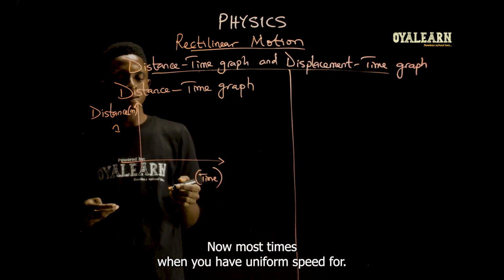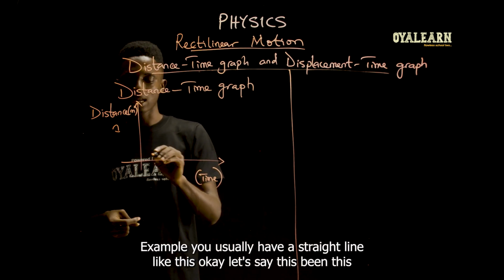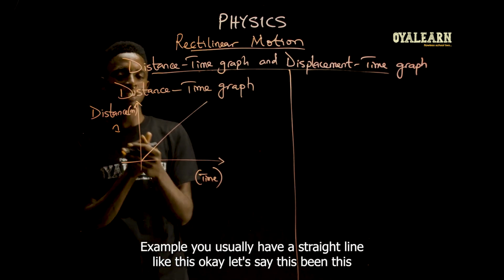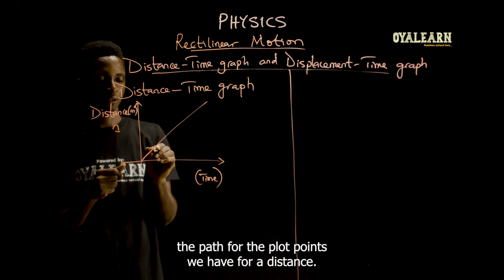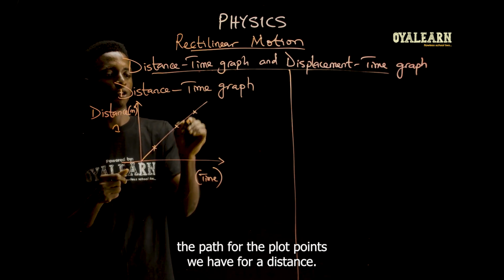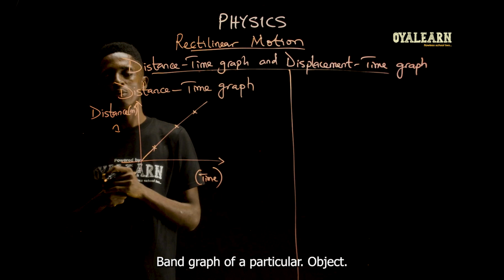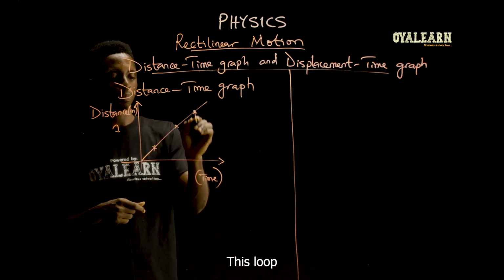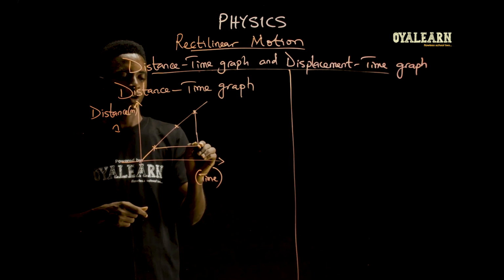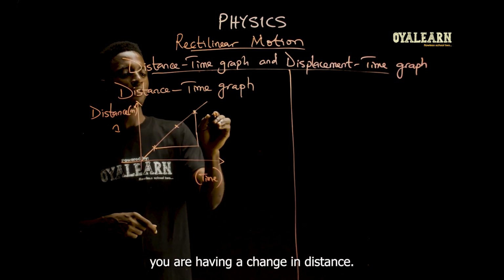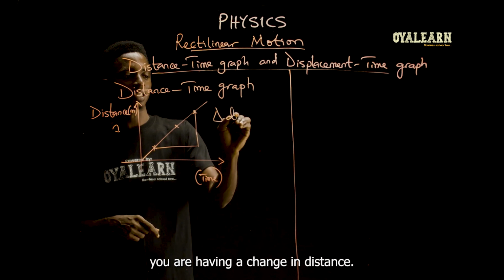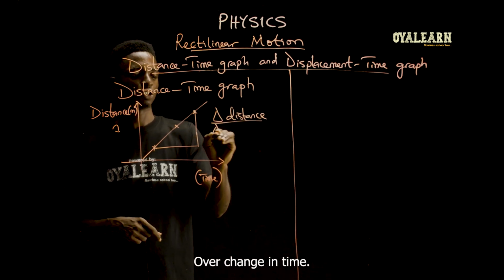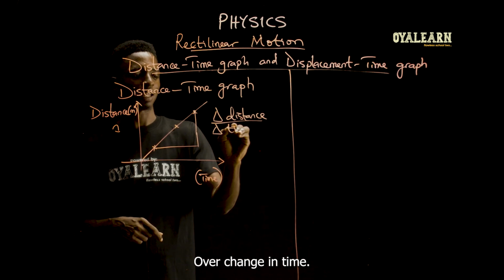Now, most times when you have uniform speed, for example, you usually have a straight line like this. Okay, let's say this being the path for the plotted points we have for a distance time graph of a particular object. Now, what this means is this. When you take the slope of this graph, you are having change in distance over change in time.